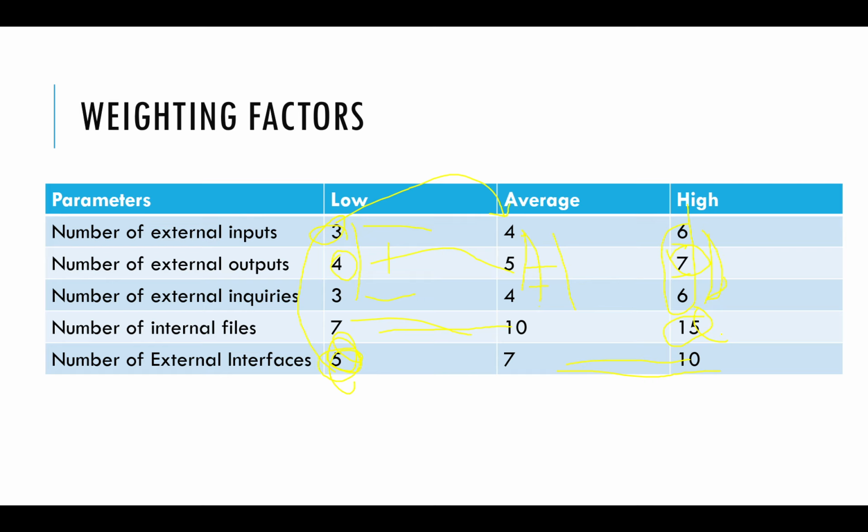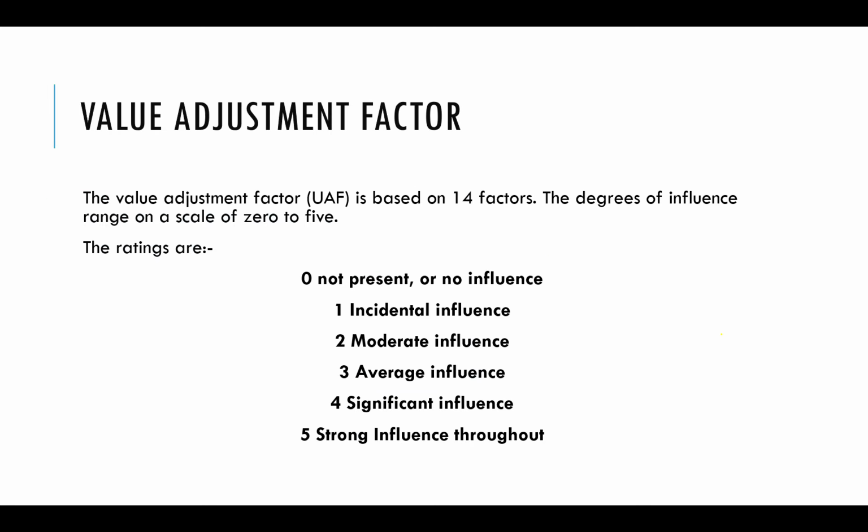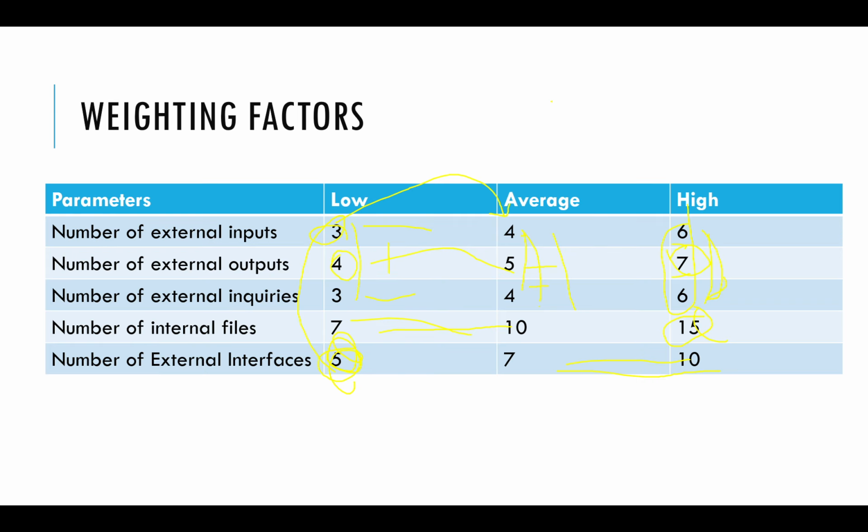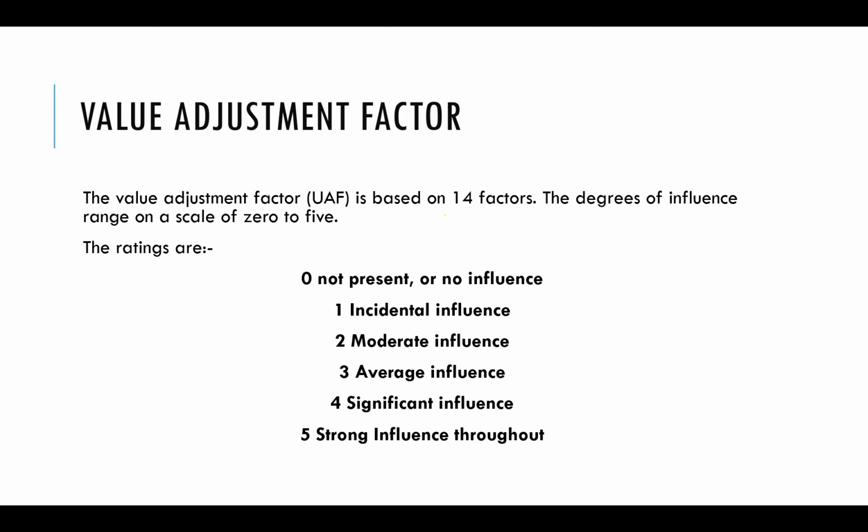You use it to calculate the total number of function points. This gives a raw measure of the system size before the adjustments. In the table, if simple is given, the low value should be used. If average is given, then the medium value, and if high is given, it means complex.